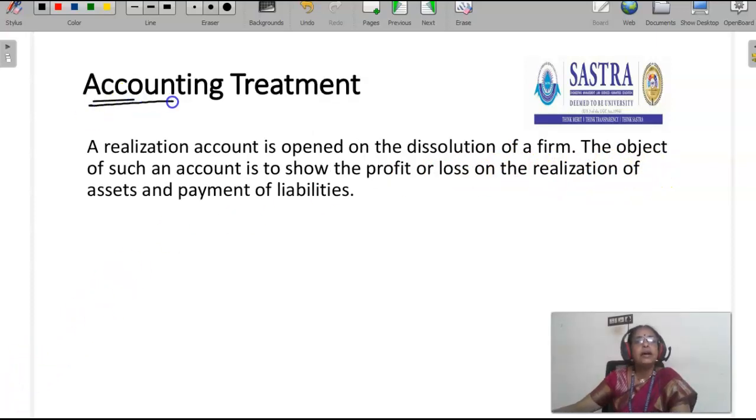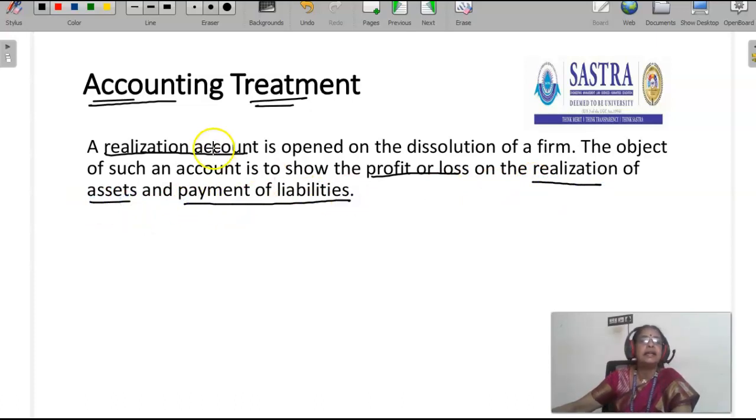Let's see the accounting treatment of dissolution of a partnership firm. A realization account is opened on the dissolution of a firm. The object of such an account is to show the profit or loss on the realization of assets and payment of liabilities.